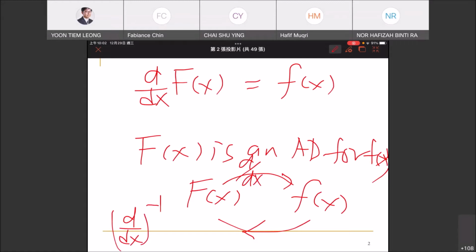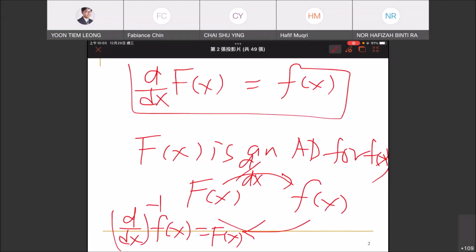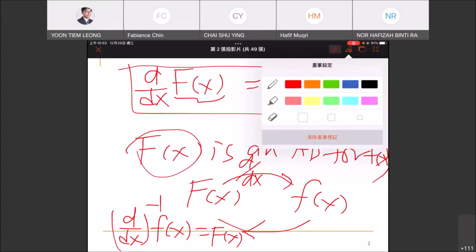This inverse operation will act on the small f to give you back F(x). So when you have such a relationship, we say the capital function F is an antiderivative to the small function f.